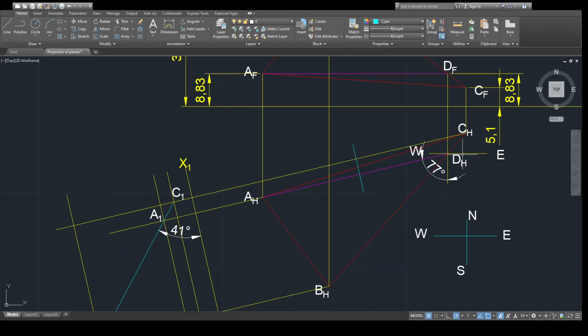So we have drawn the perpendicular to the strike angle line.